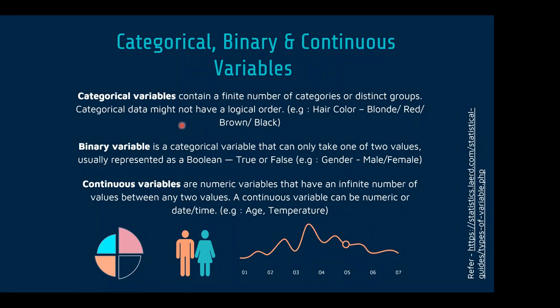So in that case, that is called a binary variable. And continuous variables are mostly involved with numbers like age, temperature, and so on, right? You don't have to go deep into these variables. Just remember that there are different types of variables.